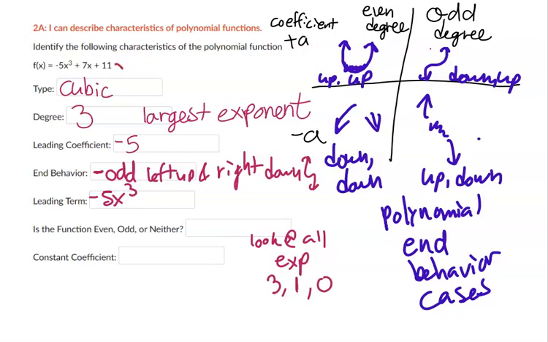It's 0 because 11 is really 11x to the 0th power. We have an x, the exponent is 1. Now, 3 and 1 are odd numbers, but 0 is an even number. Since we have even and odd exponents, our function is neither. And our constant coefficient is 11.